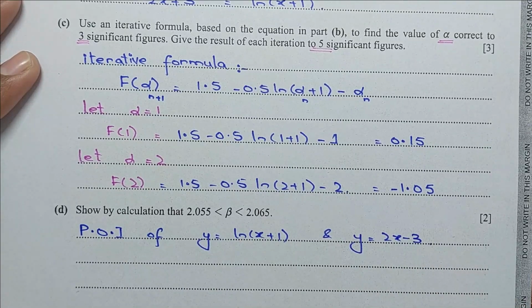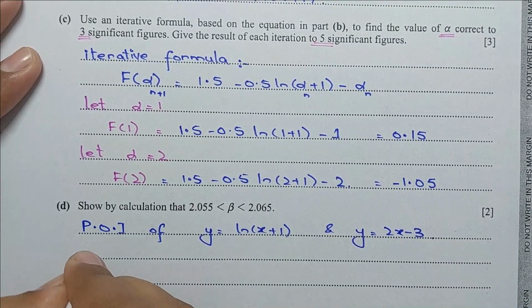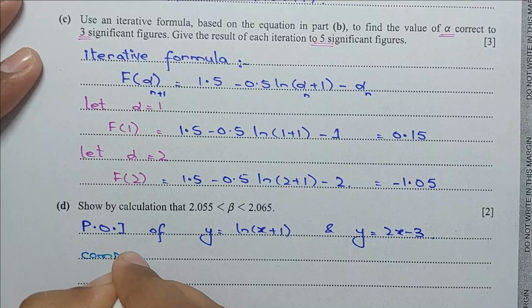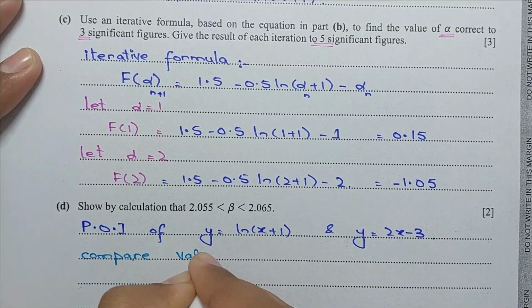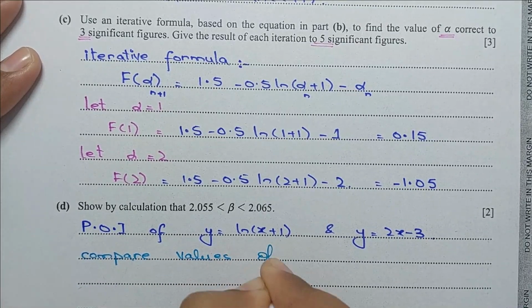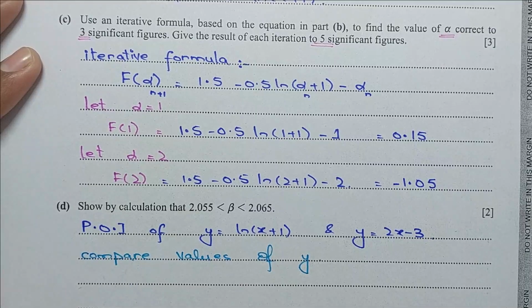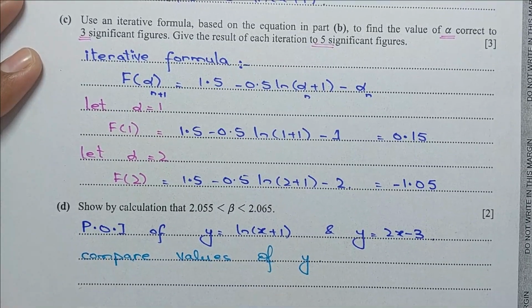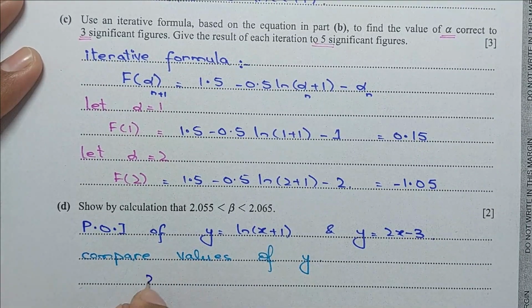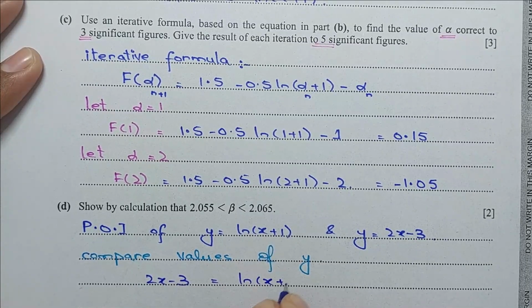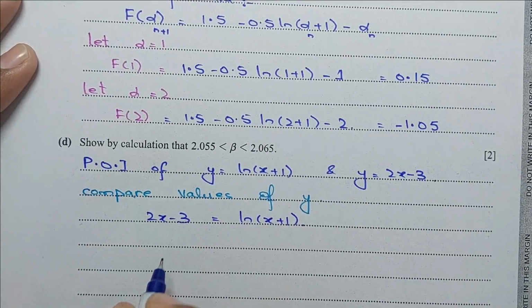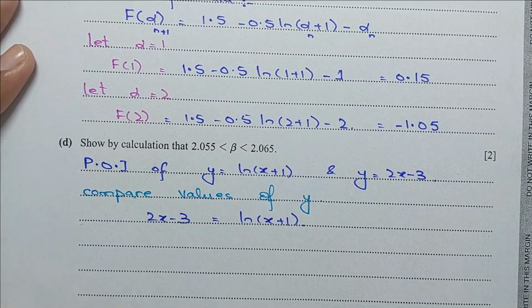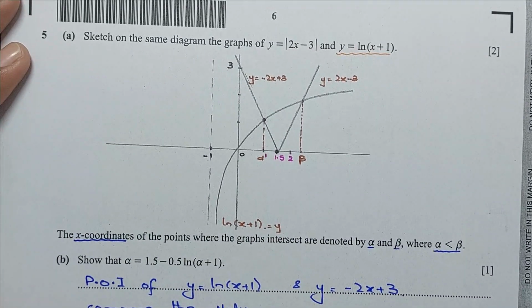Let me compare the values of y. Here you will get 2x minus 3 equals ln of x plus 1. What is the x coordinate for this?